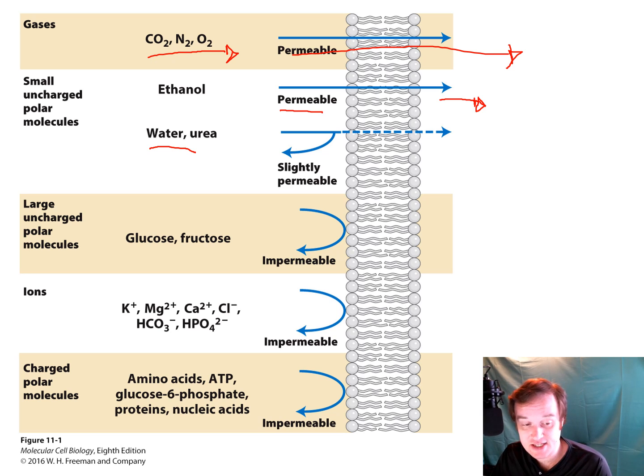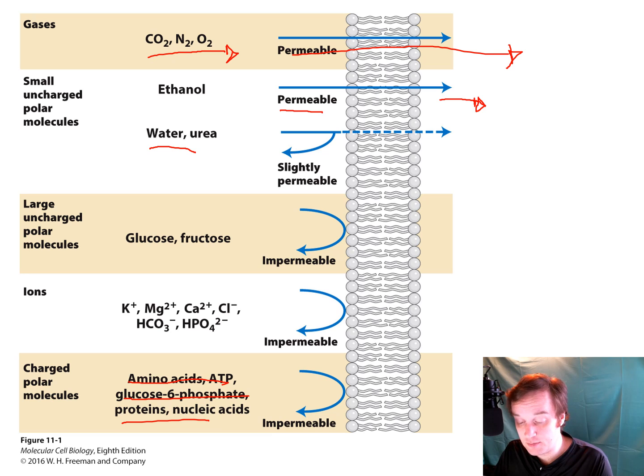So then we have impermeable things, and these are things with charges. So we have amino acids, ATP, nucleic acids, all these things down here. And the reason for that is, remember, we have these hydrophobic and hydrophilic aspects to the membrane, and so things with a charge get pushed away because of the charge of those polar heads.